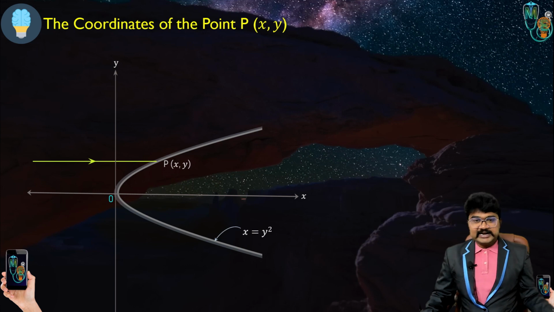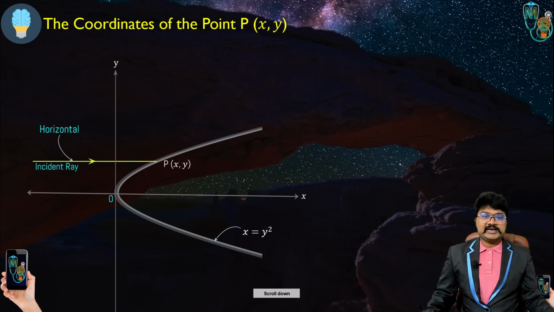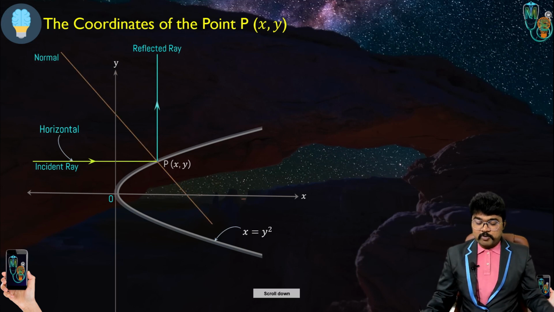This is the incident ray. The incident ray is horizontal. After the reflection, the reflected ray is vertical. This is the reflected ray. Now we need to draw the normal at point P. This is the normal at point P. Now, angle of incidence and angle of reflection.